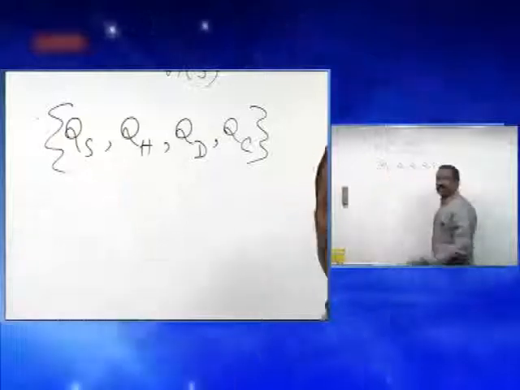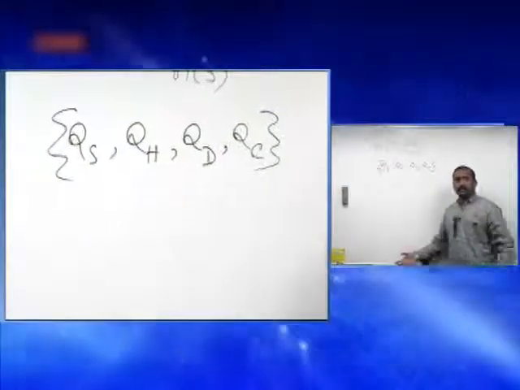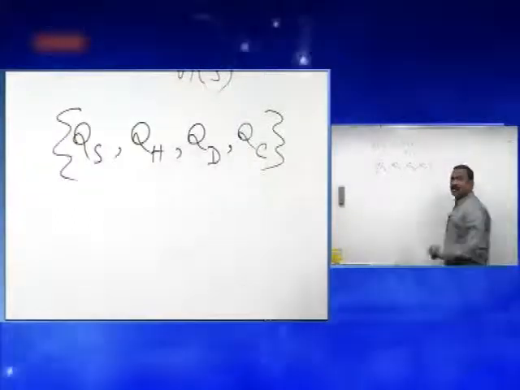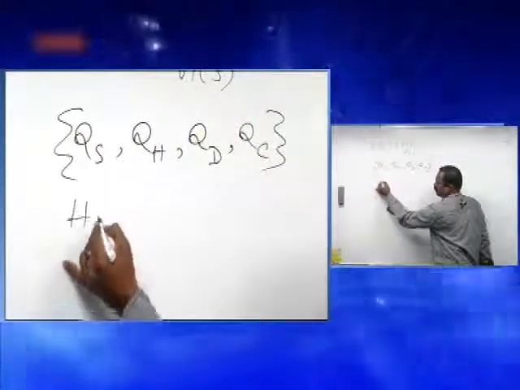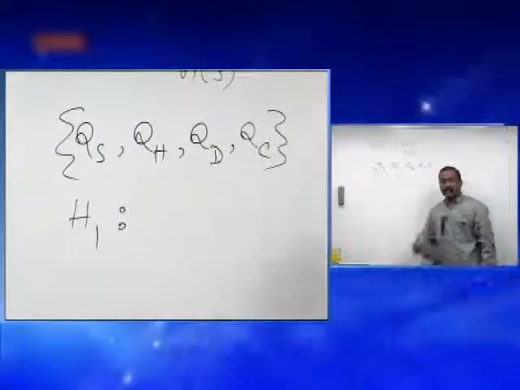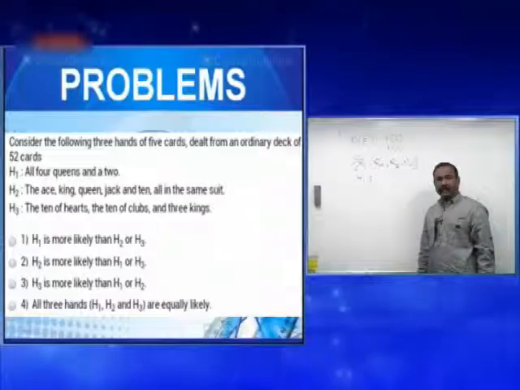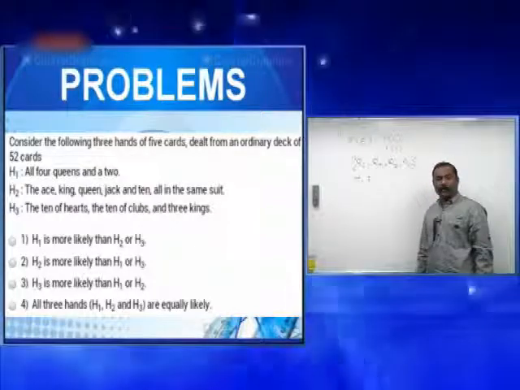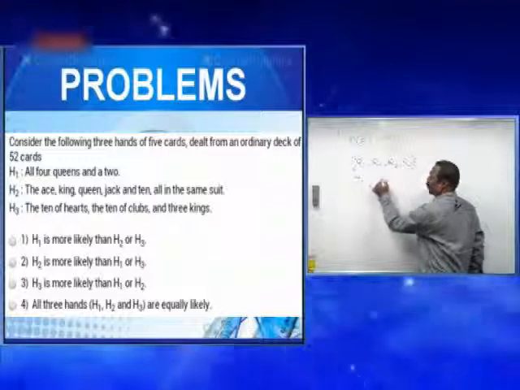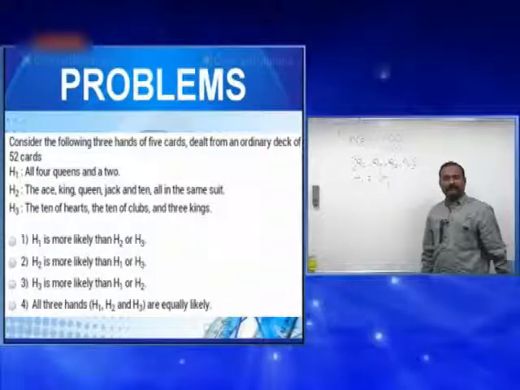Only 4 cards will be there always. There is no other selection for this one. So for H1, are you looking at the problem? See the slide please carefully. H1 is all 4 queens, only one way. So you can choose it only in one way, 1C1.